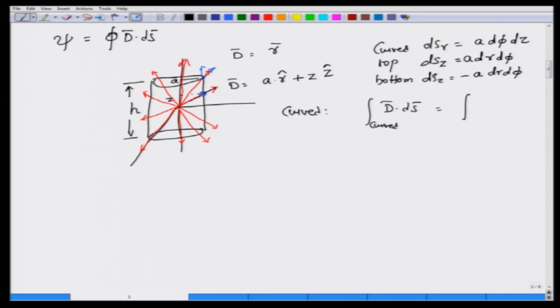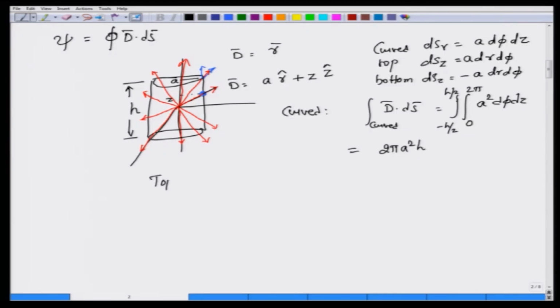It is a. So, you will have a square d phi dz, and the integral over phi is from 0 to 2 pi, and the integral of z is over the height h. You could consider, for example, this to be from minus h by 2 to plus h by 2, so that the total height of the cylinder is h. And this would be 2 pi a square h. So, this is one partial result that you can keep.